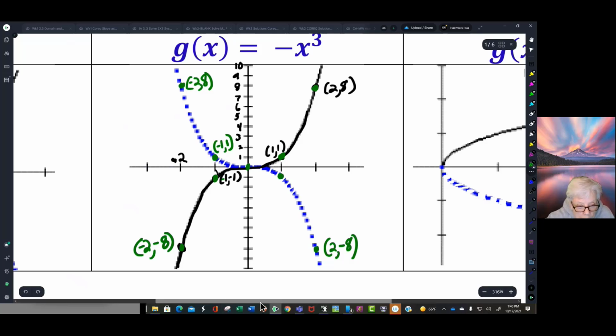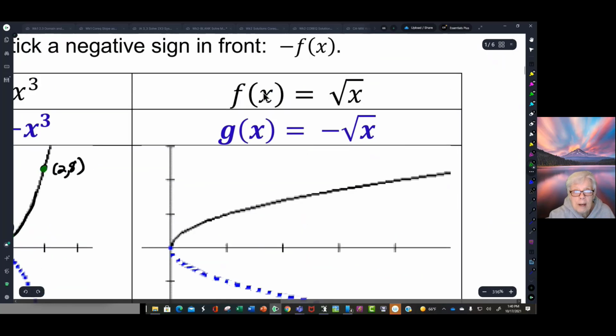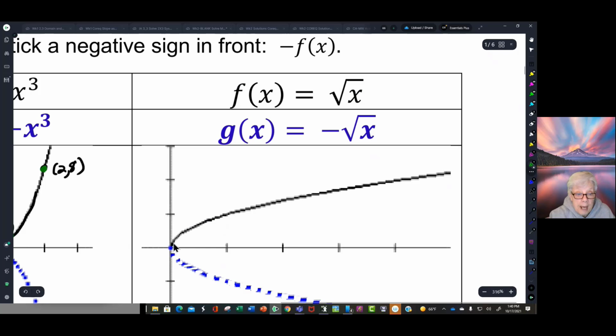All right, I'm looking for, there it is. Here we have f of x equals the square root of x right here. Now, if I did what I should have done, let's see, x equals 1, x equals 2, x equals 3, x equals 4.